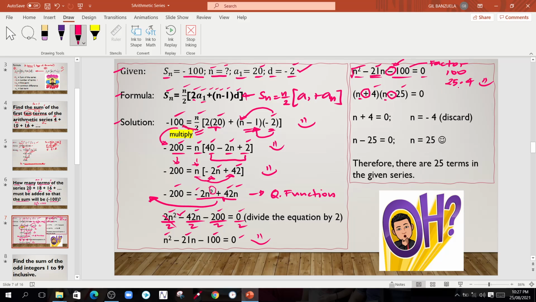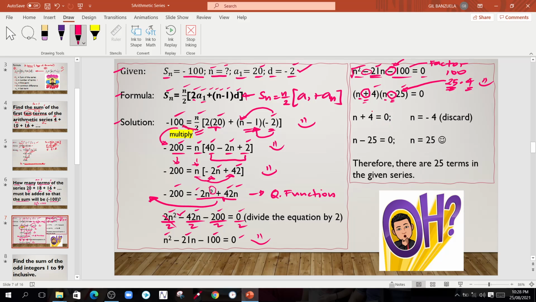Now, question: Sir Hill, where do we place the bigger number and where the smaller one? Good question. We place the bigger value under the sign of the middle term. Whatever the sign of the middle term is, that is where we put the larger number. That's why you'll notice we put 25 with the minus sign, because our middle term is negative. Then the other one goes to the remaining factor. That's why we arrive at (n + 4)(n - 25) = 0.